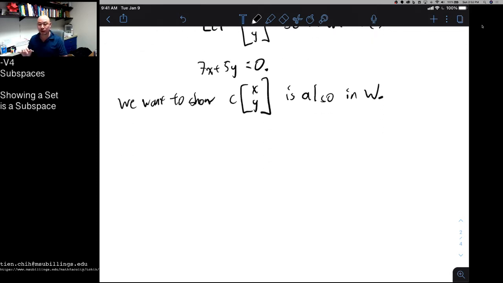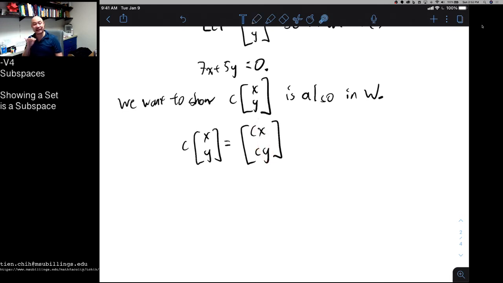So the way we're going to show this is we're going to recall that c times (x, y) is (cx, cy), and we're going to ask ourselves if this is in W. Well, if it were in W, it would satisfy the same condition, that 7 times the x value plus 5 times the y value was 0.